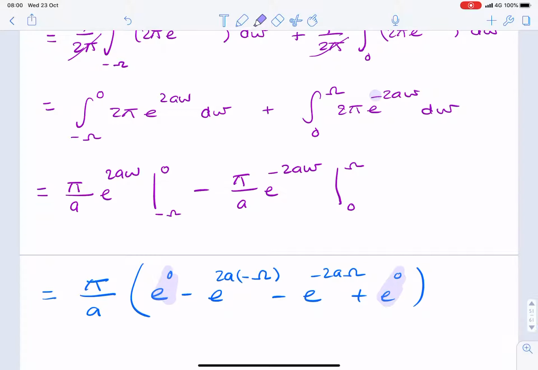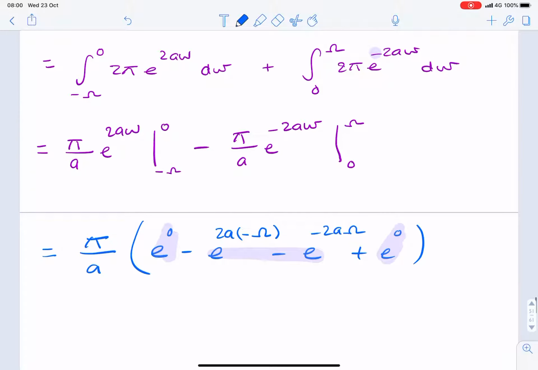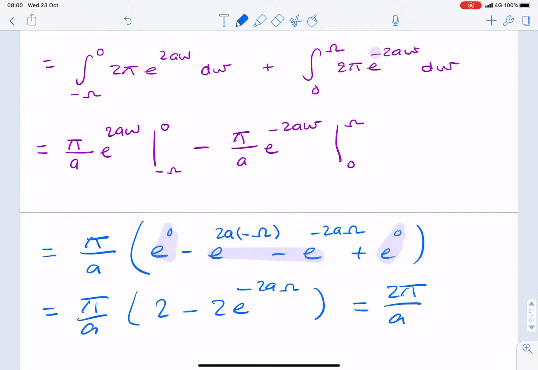These add up and these add up. So you end up with pi over a times 2 minus 2e to the minus 2a omega, which simplifies to 2 pi over a into 1 minus e to the minus 2a omega.